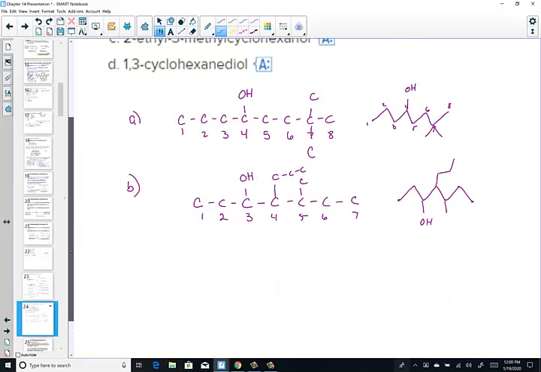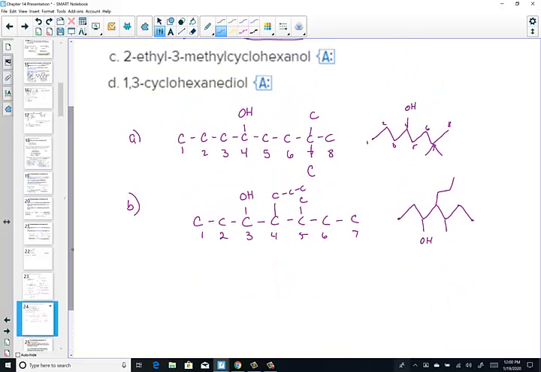Letter C, 2-ethyl, 3-methylcyclohexanol. Start with the prefixes. Cyclo, oh, I'm going to have a 6-membered ring. There's my 6-membered ring, and automatically whatever OH I put on, it doesn't matter where, wherever I did put it, that's carbon 1, guaranteed.